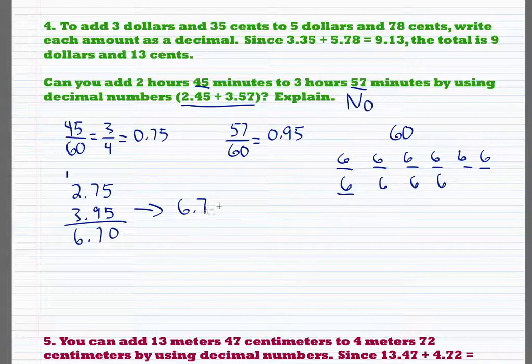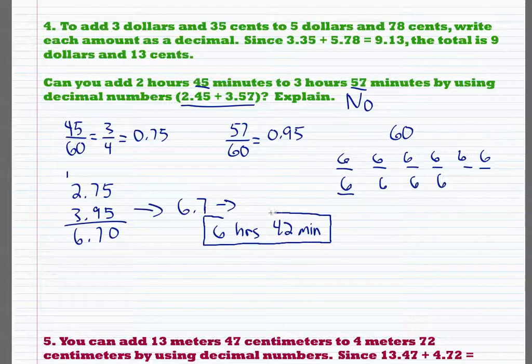So 6 7/10 of an hour represents 6 hours and 42 minutes. Now if you went back to this problem right here and said 2 hours and 45 minutes plus 3 hours and 57 minutes, you'll actually get that represents 6 hours, 42 minutes, or 6.7 hours.